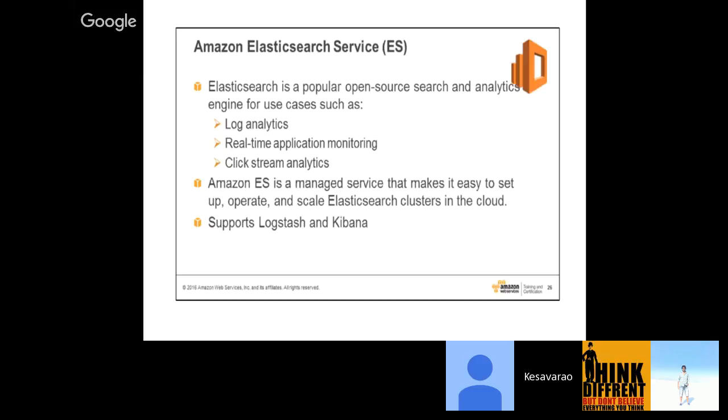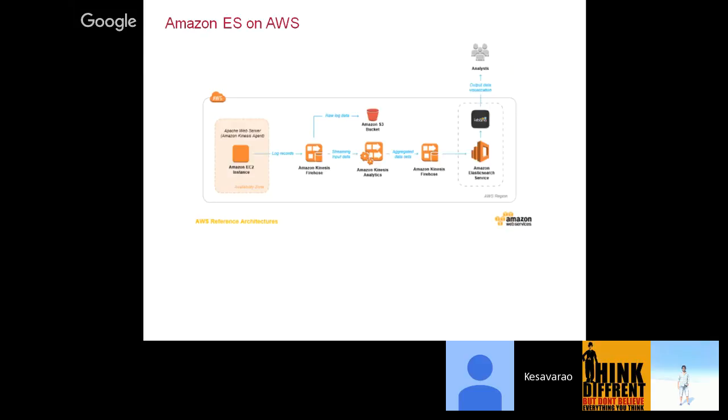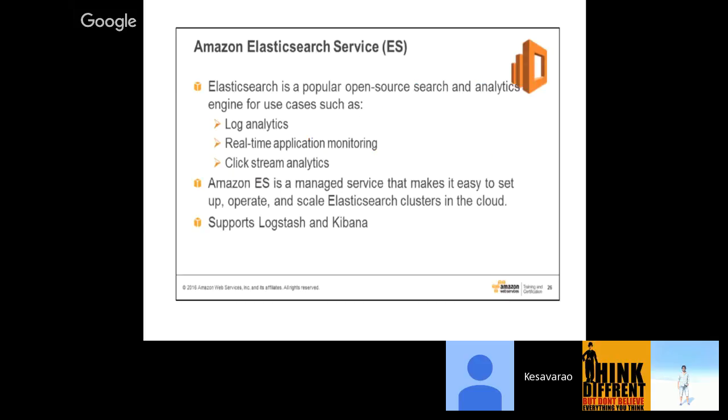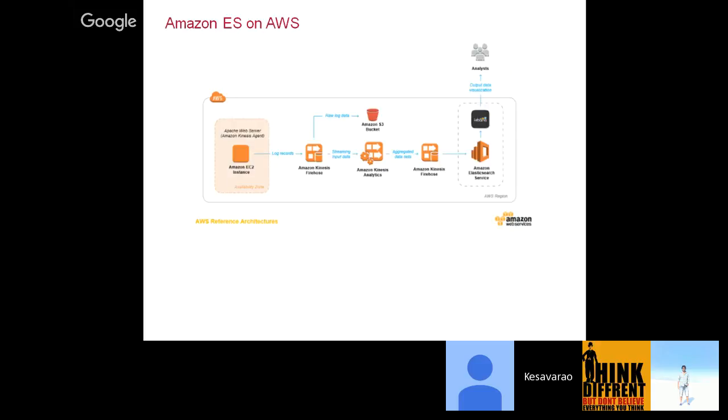Okay, so again, before I move on to reporting or any visualization, Elasticsearch is another way of consuming all that data, and this is how Elasticsearch on AWS would be set up. You may be collecting your web server logs or some log records going through Firehose, with Amazon Kinesis Analytics doing real-time analytics here.